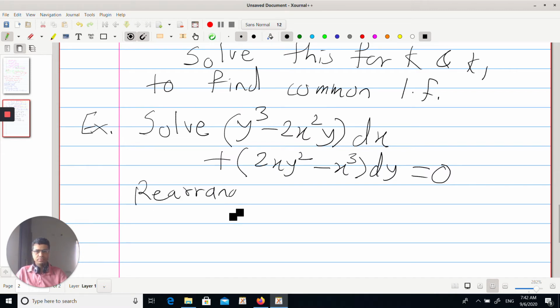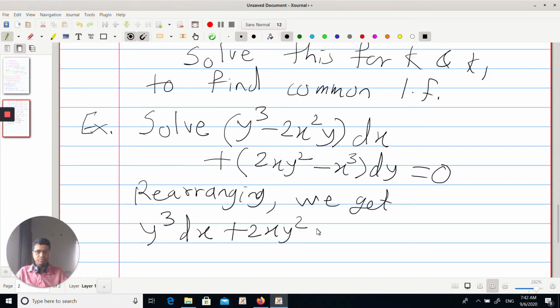Rearranging, we get y cube dx plus 2xy square dy. We have taken this term and this term together.